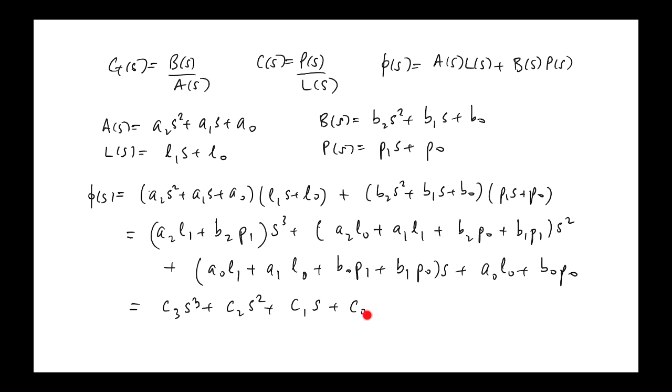Right? So we're going to say that we want this to be the result, and we say that we want this to be the result by specifying these coefficients. And our job is to choose these coefficients, right? So that this matches this coefficient, this matches this coefficient, this matches this coefficient, and this matches this coefficient.